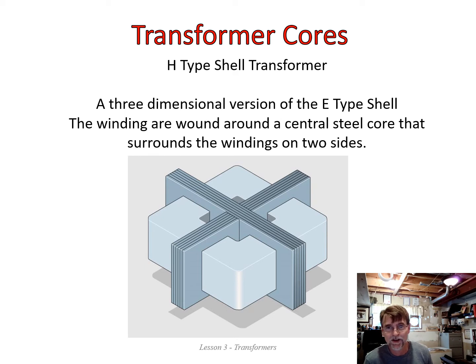Okay, and so the H-type shell transformer addresses that. And so once again, what are your needs? Okay, obviously this is bulkier yet, more expensive in construction, but we just continue to increase the efficiency of the transformer. Okay.